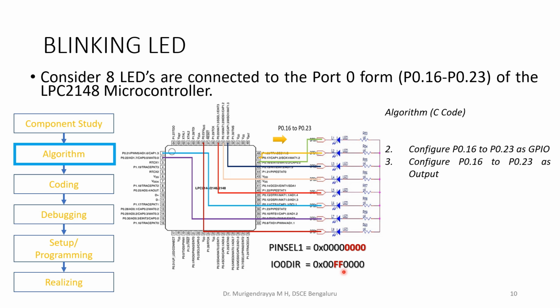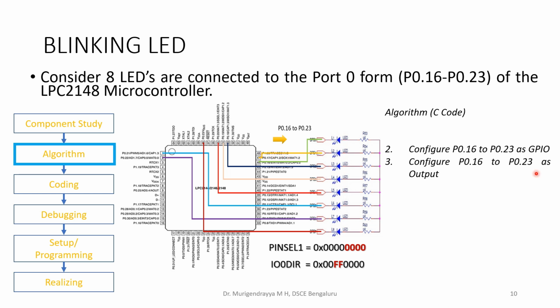For example, if bit 16 of the IO0DIR register is set to 1, then pin 16 of port 0 is configured as an output pin.